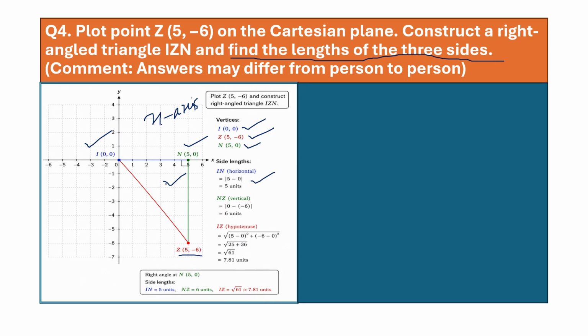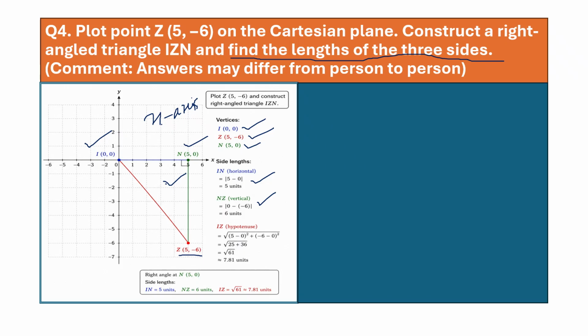Now next is N and Z. For N and Z, it is vertical. So it is 0 minus 6. Basically you have to take only the y-coordinates. So you get 0 minus 6, that is 6 units. So 0 plus 6 is 6.